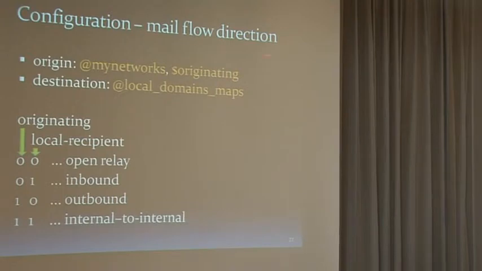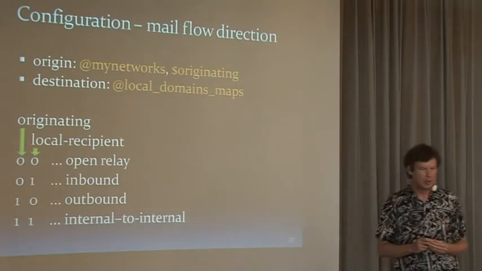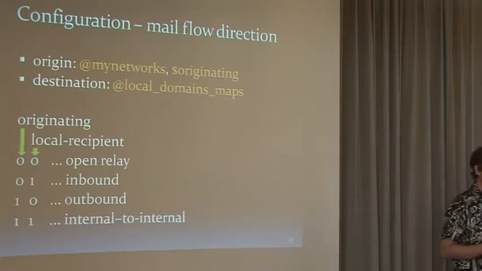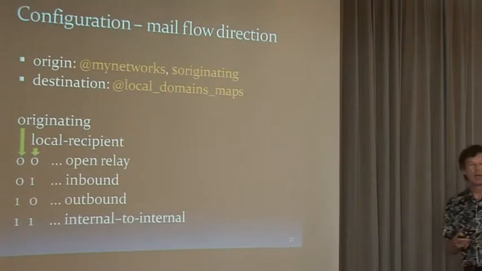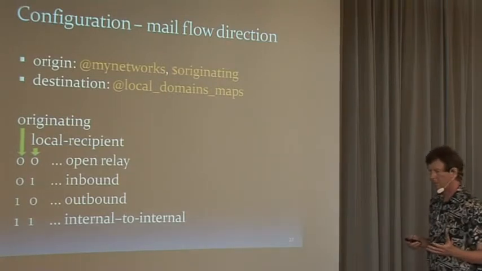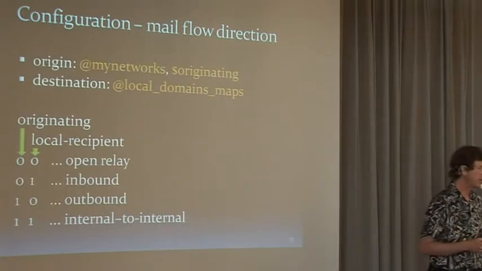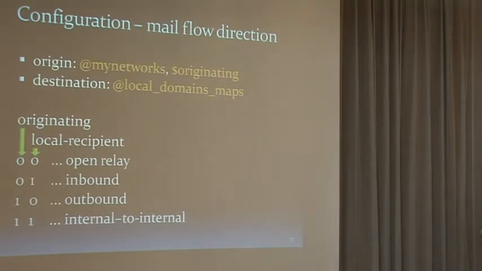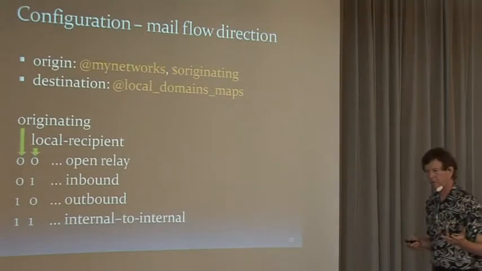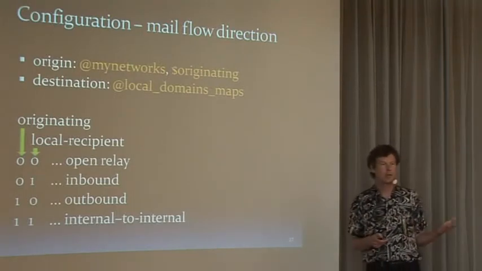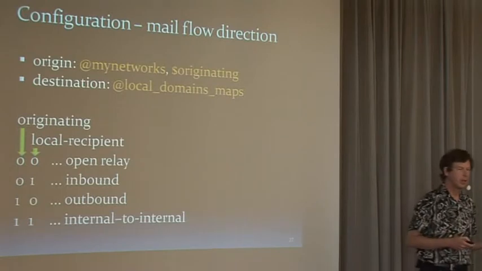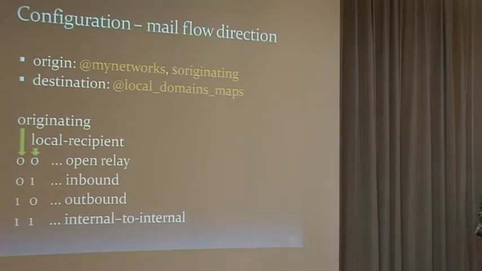Just the configuration variable gets mentioned here. Now about mail flow direction. There are several components within Amavis that need to know where mail is coming from, or they need to know where mail is going to. It's similar with postfix. You know mail is coming from my networks, or is it authenticated, or is it not, and you know where the recipient is.